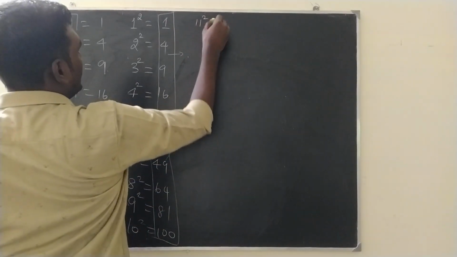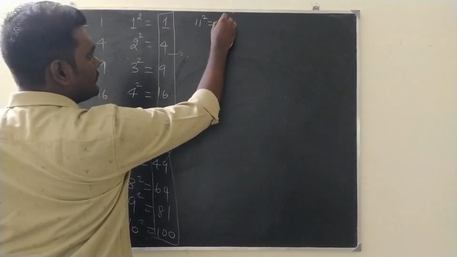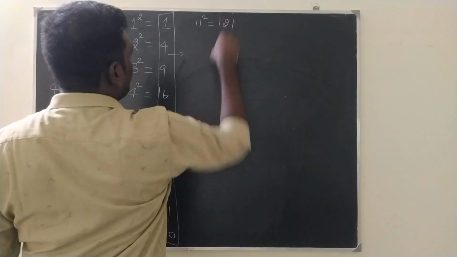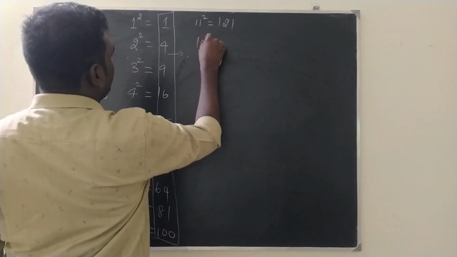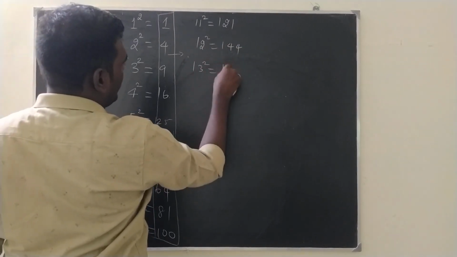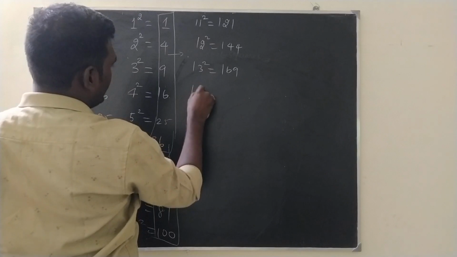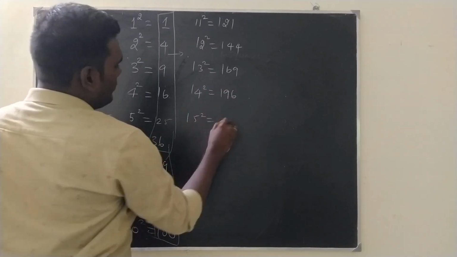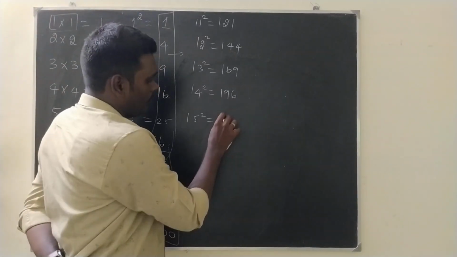Then 11 square, that is how much? Do you know? 121. 12 square, 144. 13 square, 169. 14 square, 196. 15 square, that is 225.